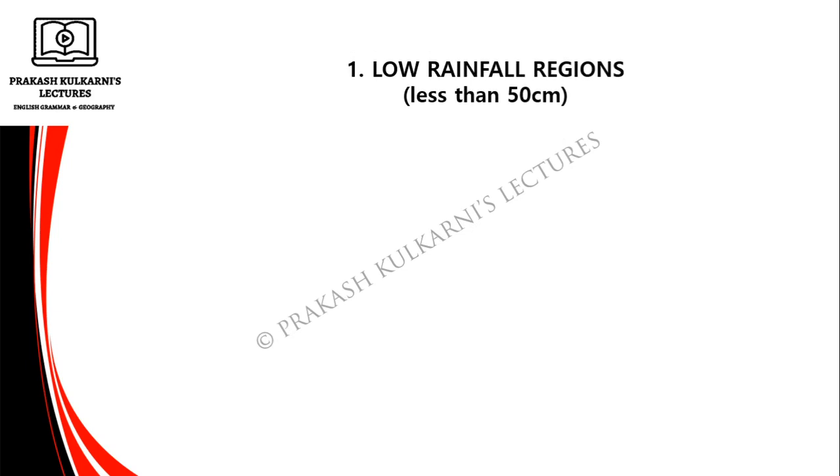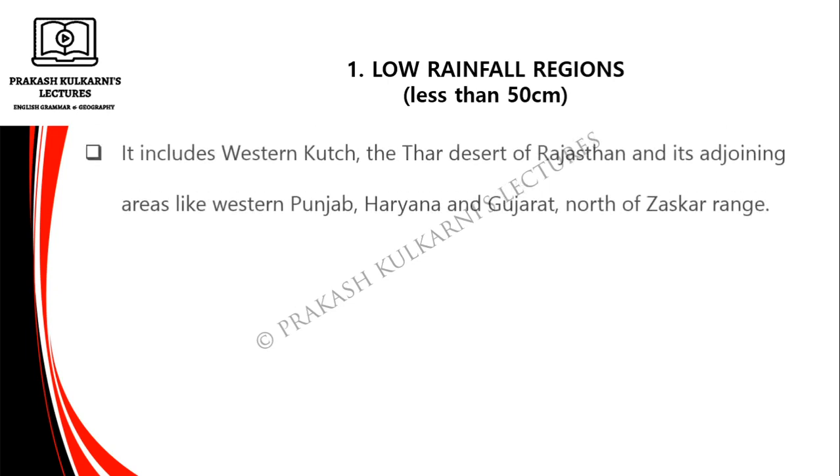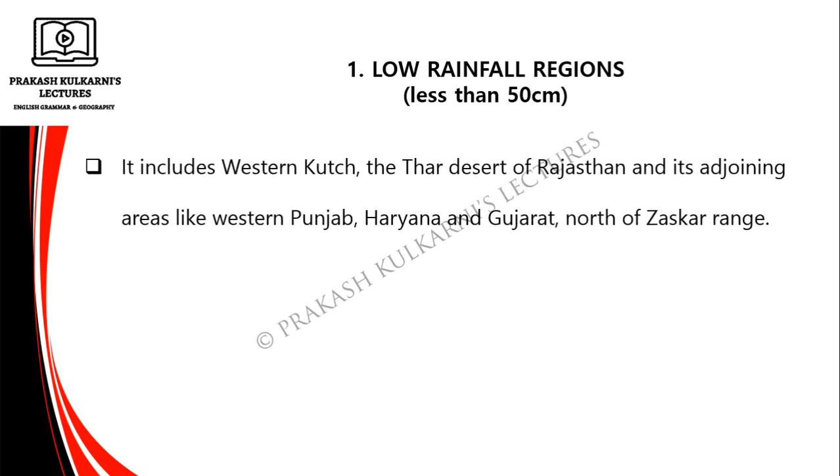Low rainfall regions which receives less than 50 centimeter rainfall. It includes Western Kutch, the Thar Desert of Rajasthan and its adjoining areas like Western Punjab, Haryana and Gujarat, north of Zaskar range.